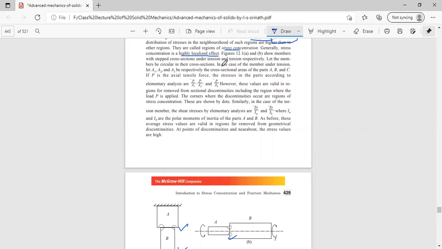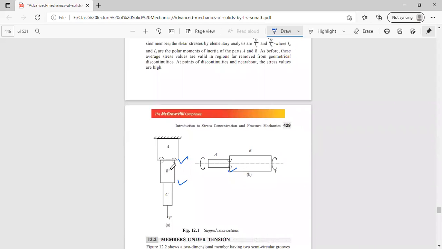Now, in the case of the member under consideration, say A1, A2, A3 are the cross-sectional areas of the portions A, B, C. A1 cross-sectional area is here, A2 cross-sectional area is here, and A3 cross-sectional area is here.